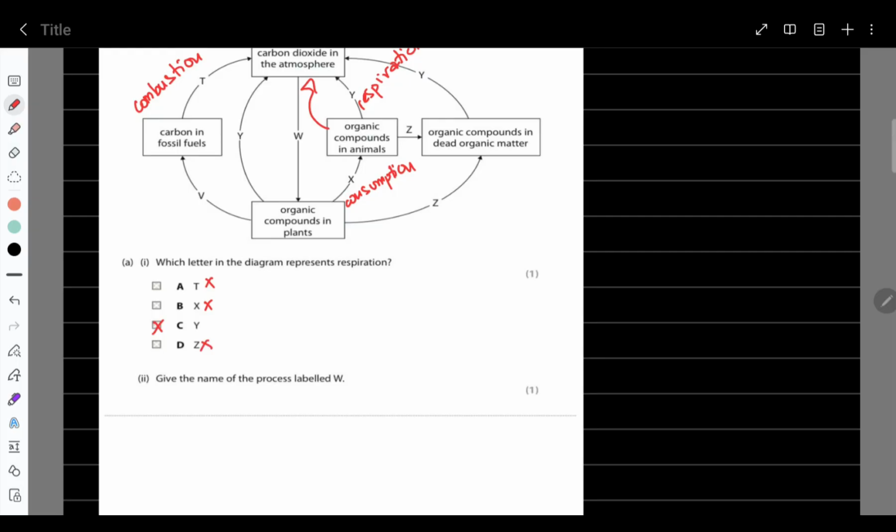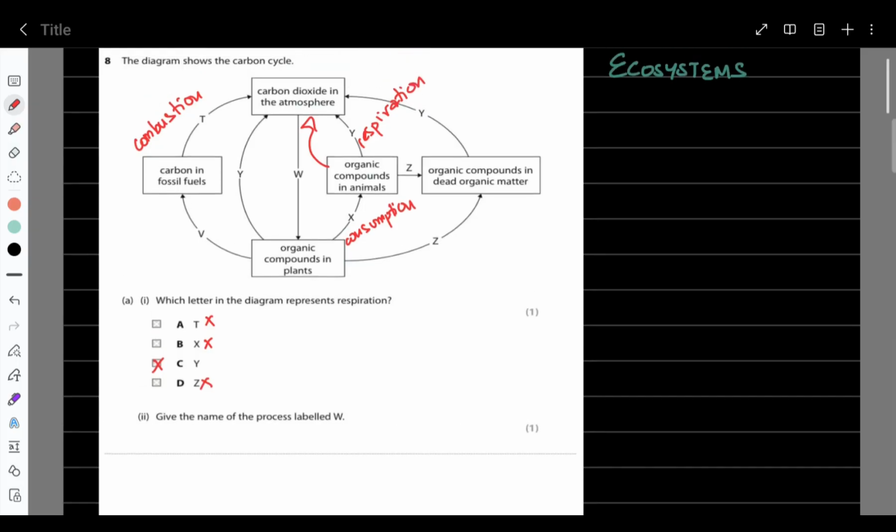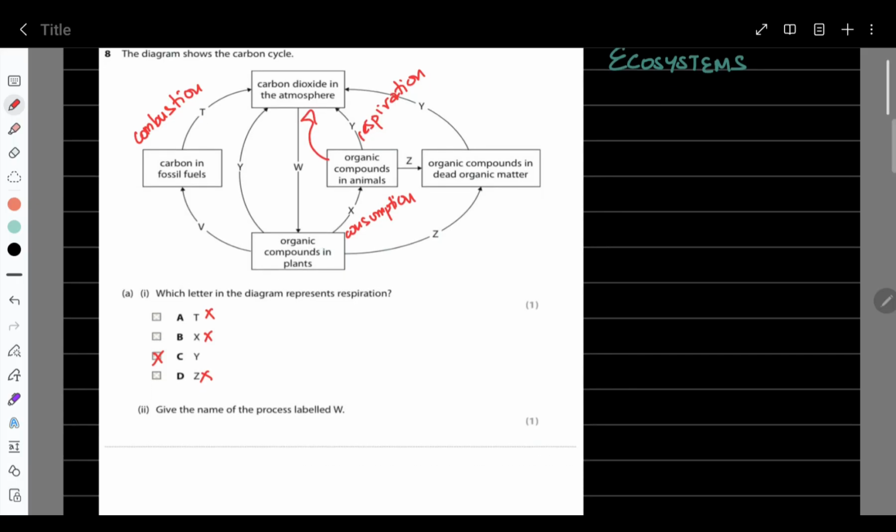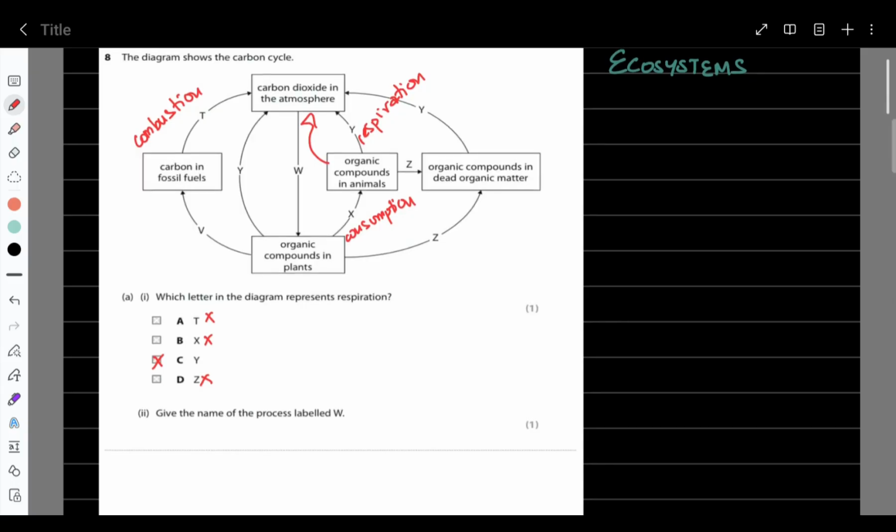Part 2, they have asked us, give the name of the process labeled W. W says that carbon dioxide in the atmosphere is turned into organic compounds in plants. Plants take in carbon dioxide from the air during photosynthesis.